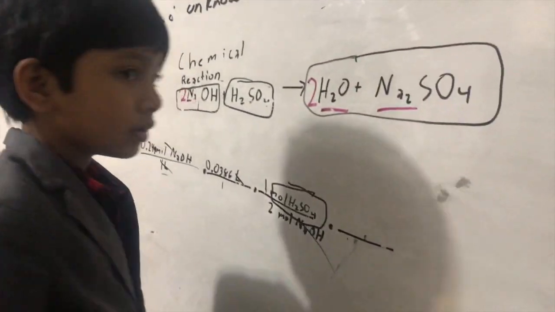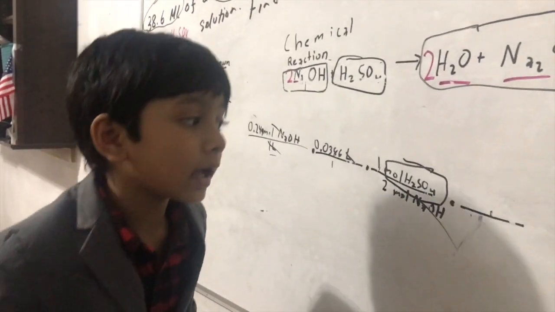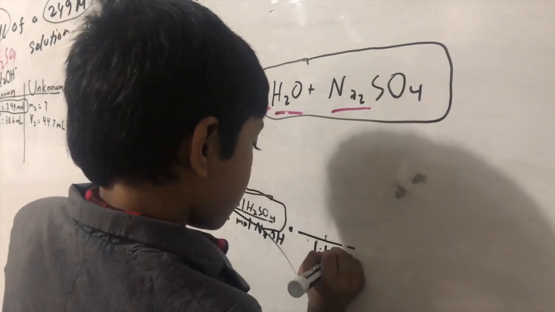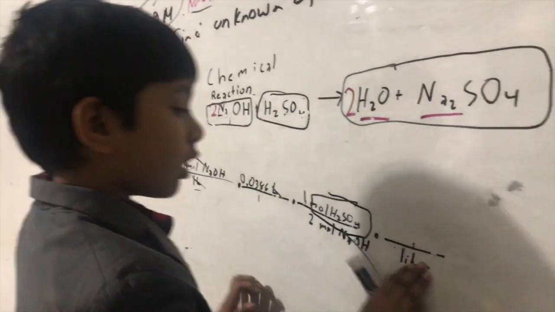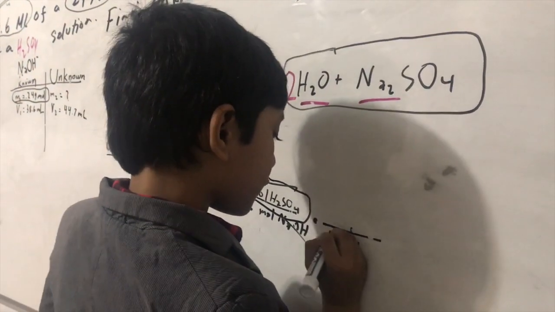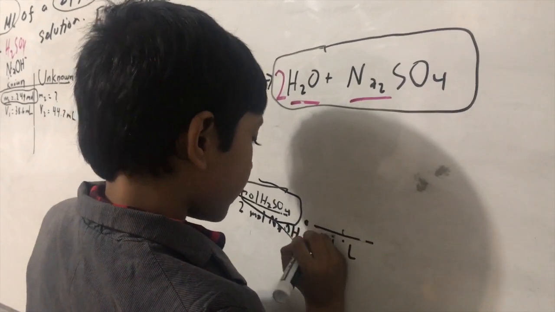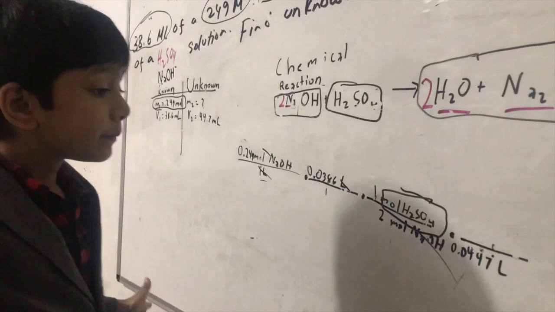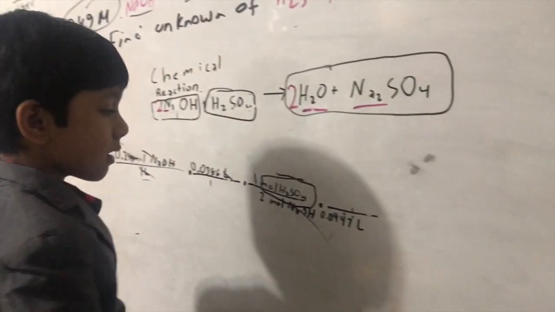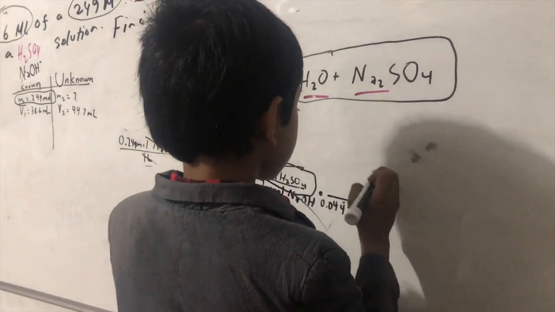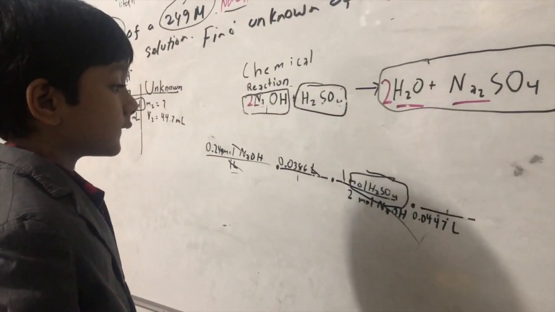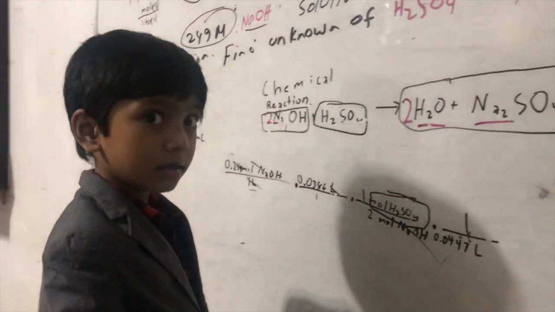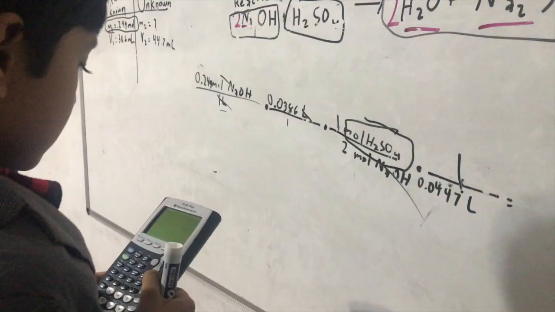So liters had to be on the bottom, right? So 0.0447 liters, and at the top there should be a 1 without any unit.